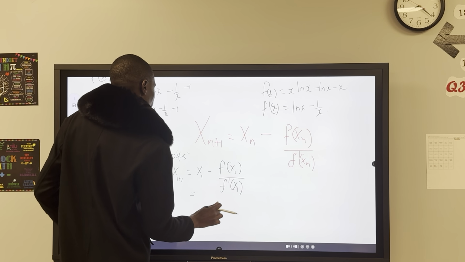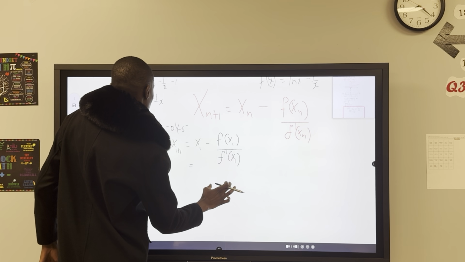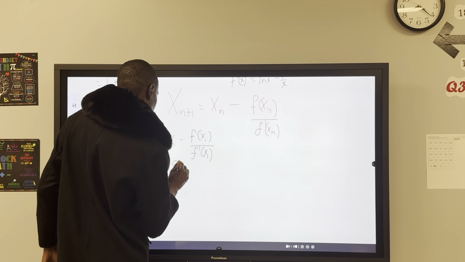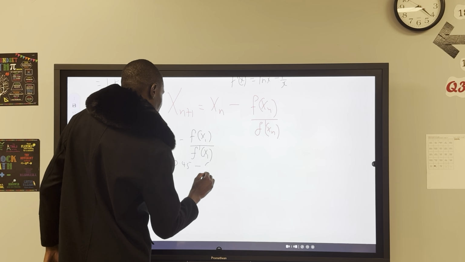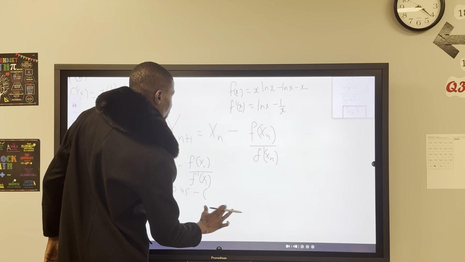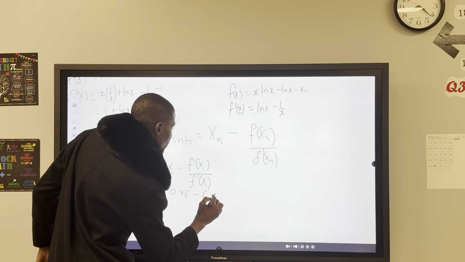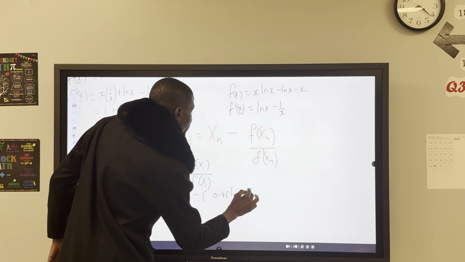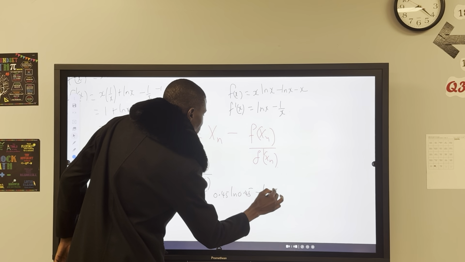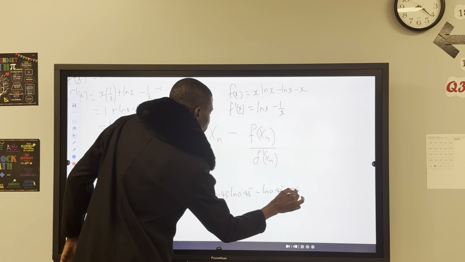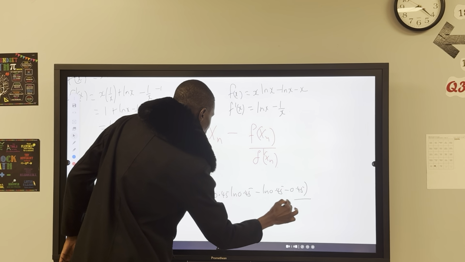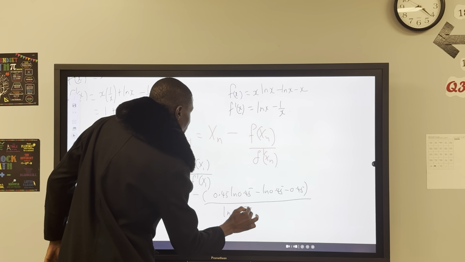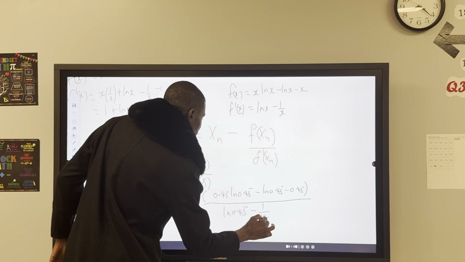So your x1 is 0.45, so it's 0.45 minus, let me bring this down a little bit, 0.45 natural log 0.45 minus natural log 0.45 minus 0.45, over natural log of 0.45 minus 1 over 0.45.